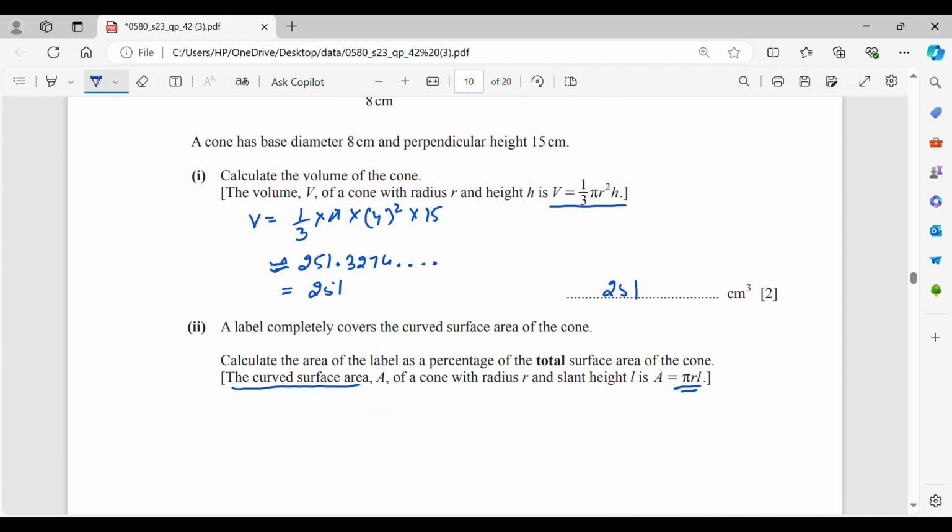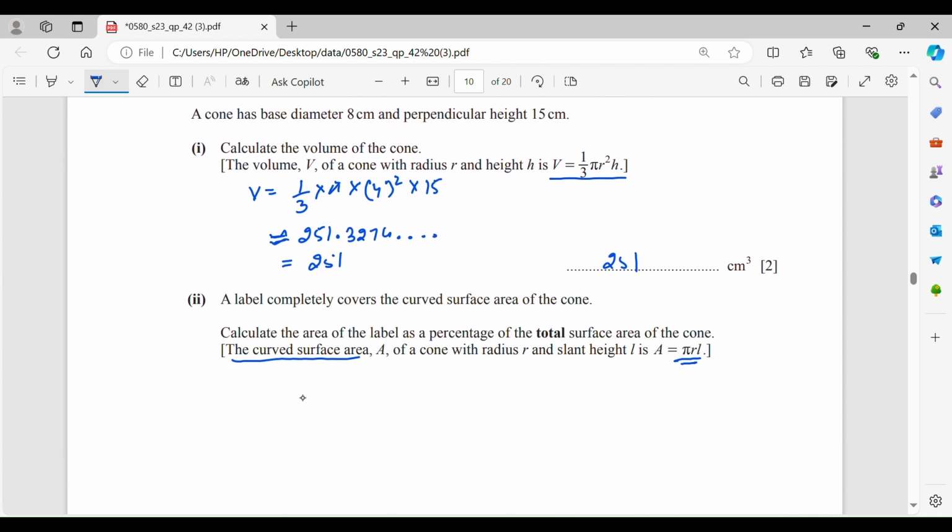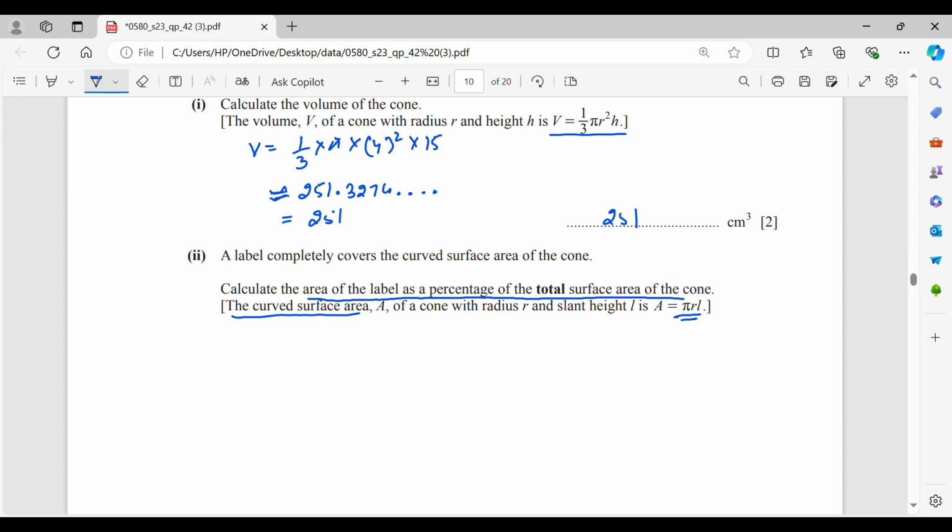So we have to calculate the area of the label as a percentage of the total surface area of the cone. So first, curved surface area over total surface area of cone into 100.